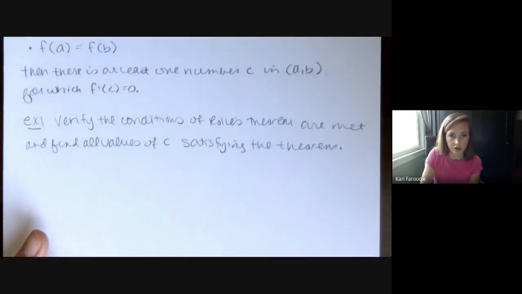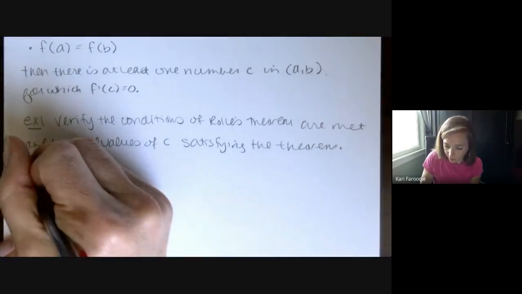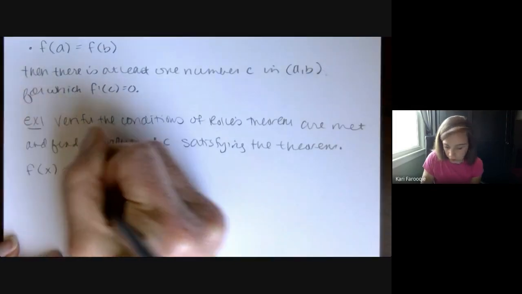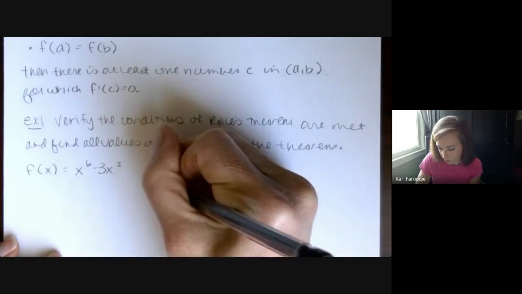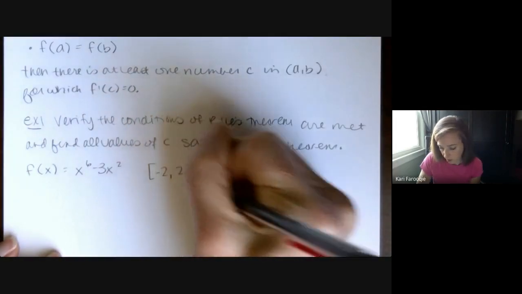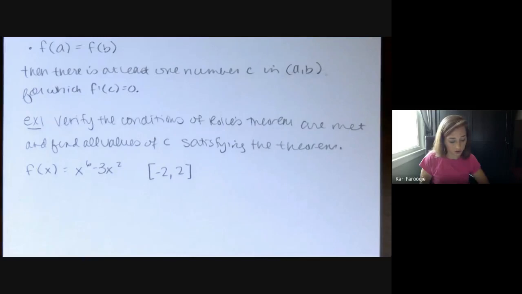Your function is f of x equals x to the 6th minus 3x squared, and we're looking at this on the closed interval from -2 to 2.